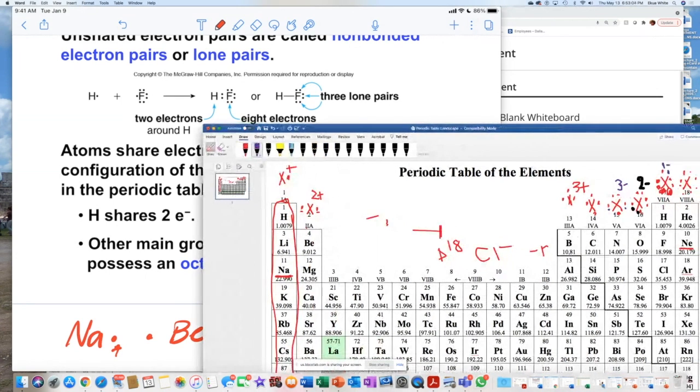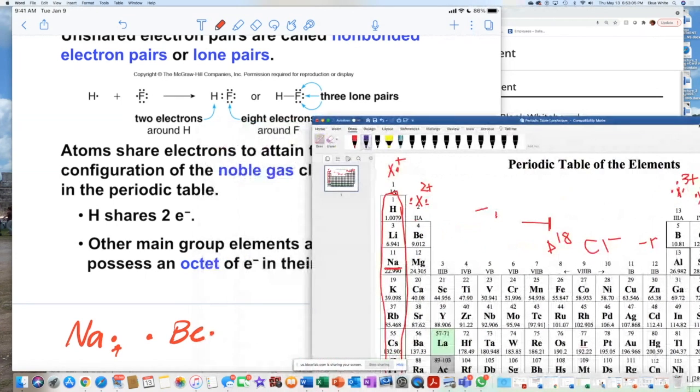Let's go to 3A, boron. Okay, boron, what do you think it will form? Yeah, based on the sequence, it will form three bonds, right? Now, the bonds can be grouped together, but essentially, based on the number of unpaired electrons, it looks like this. I don't have room, but you get the idea, right? One bond from sodium, two bonds from beryllium, like that.